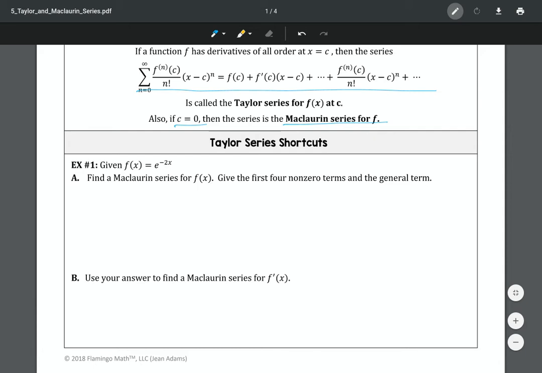You're really going to have to remember a lot of these that I told you from before when we were doing Taylor polynomials. For example, you should know that for e to the x, you have a series that will be the same, which is this one.